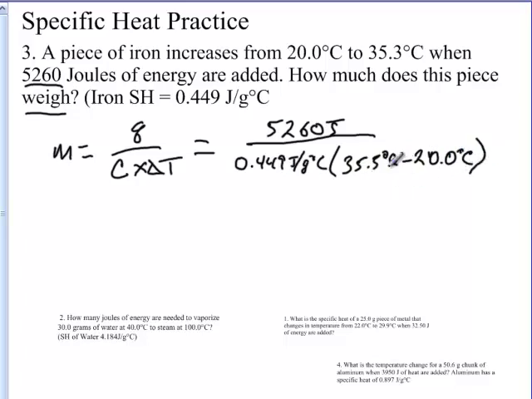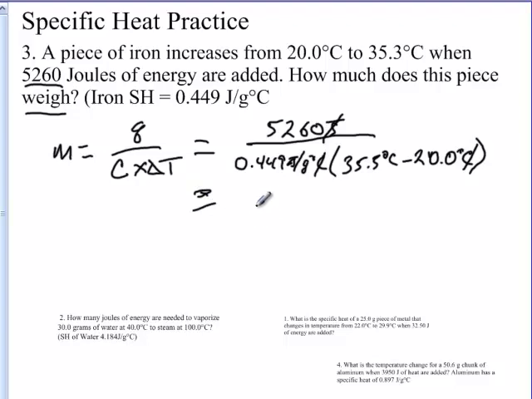So subtract that, it gives you 15.3, times it by 0.449, divide that quantity into 5,260, and let's look at our units. Joules right there cancels that joules. Celsius cancels out that Celsius, and we're left with grams on the bottom of the bottom, which means it's a reciprocal, so it's on top.